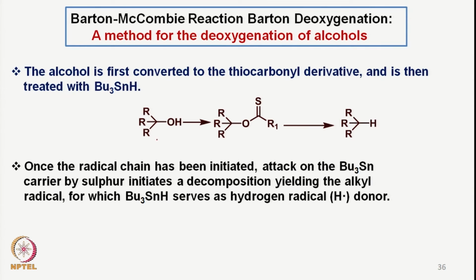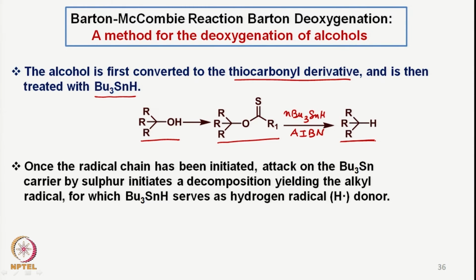So if we have an alcohol of this type, we can convert it into a thiocarbonyl derivative, which looks like this, and then that can be reacted with tributyltin hydride under similar conditions, where we use tributyltin hydride and AIBN, which I discussed earlier, and it allows the formation of the corresponding deoxygenated product.